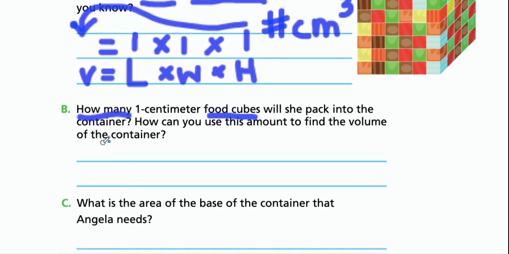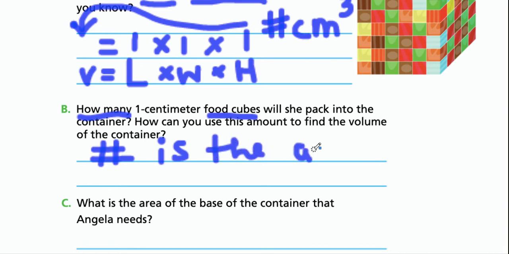I would just say blank is the number, or is the amount, of food cubes.